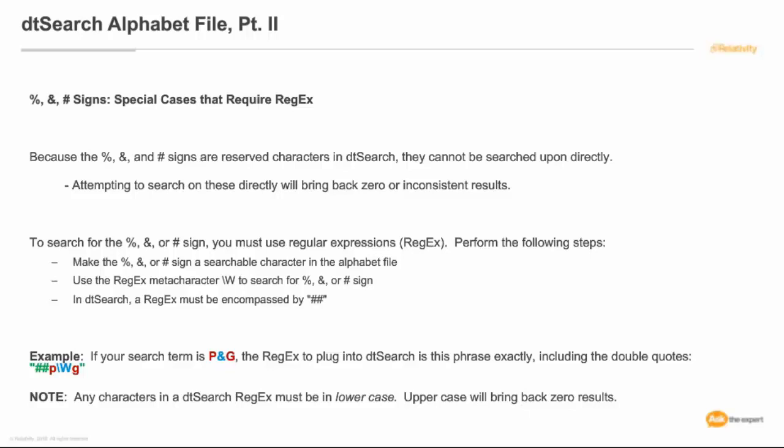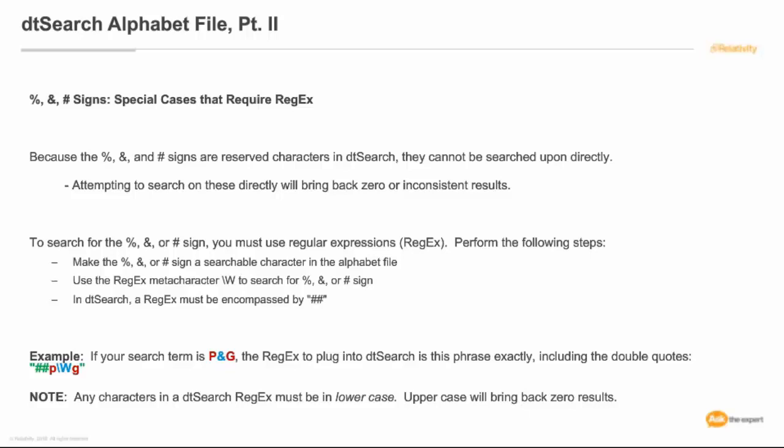Moving back to the example here, we have the letters P and G. Those are in red. Notice that they are lowercase. Any regular characters that you're searching for in dtSearch must be in lowercase. The dtSearch index, by definition, is not case sensitive. That's why we have the two sections of the letters section of the alphabet file. It converts everything to lowercase, so you don't need to worry about the regular expression not matching. The final piece of our regular expression is the blue \W.